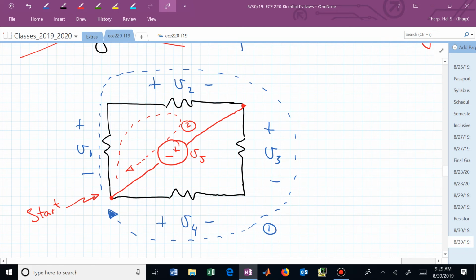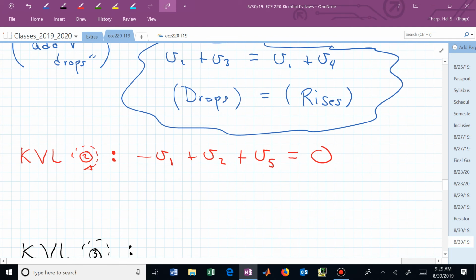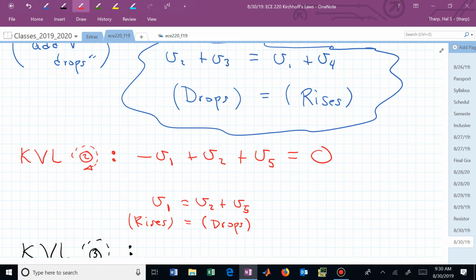We could have written that second equation, KVL, in terms of rises and drops and said V1 is equal to V2 plus V5, and that's exactly what we wrote before via algebra.